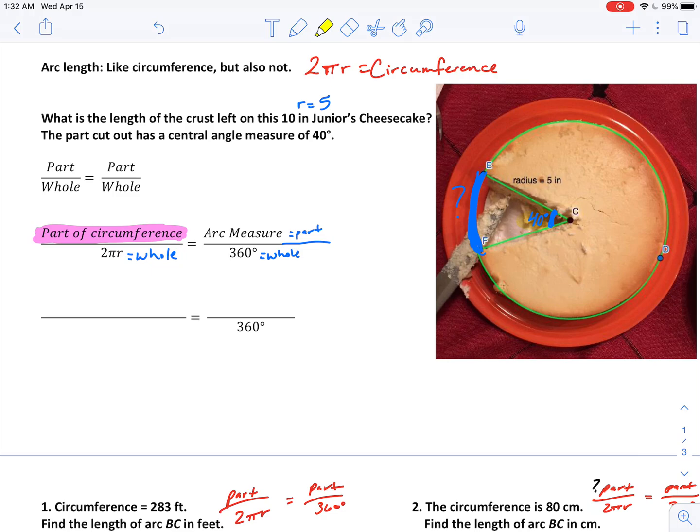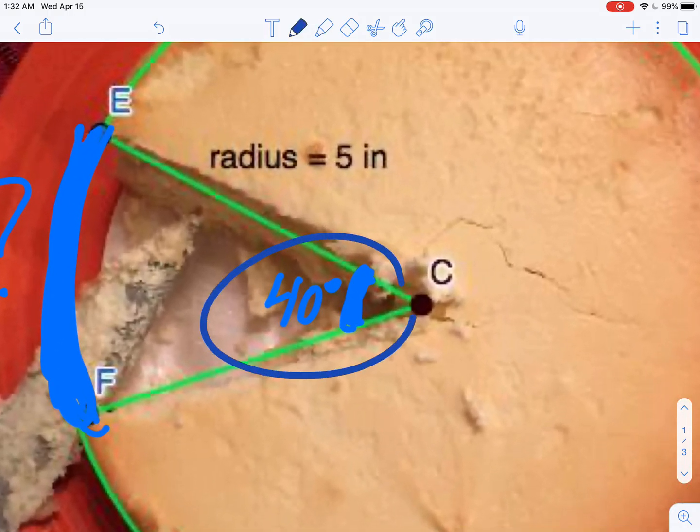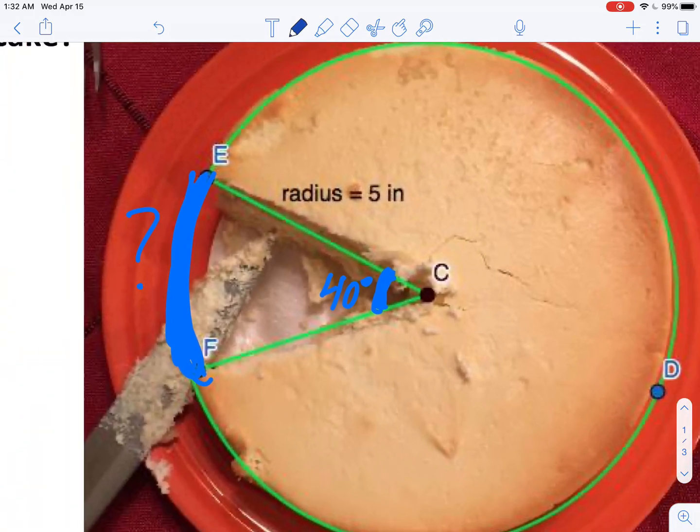Now, I want to ask you guys, what is the length of the crust that's left? How much crust is left on this 10-inch Junior's cheesecake?